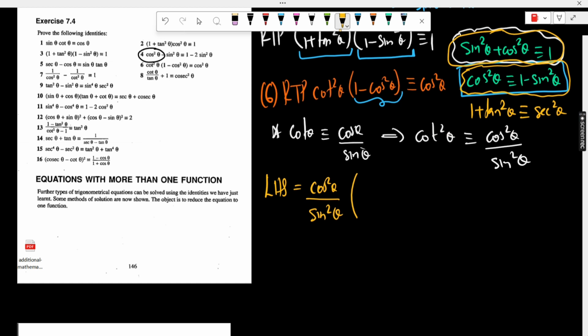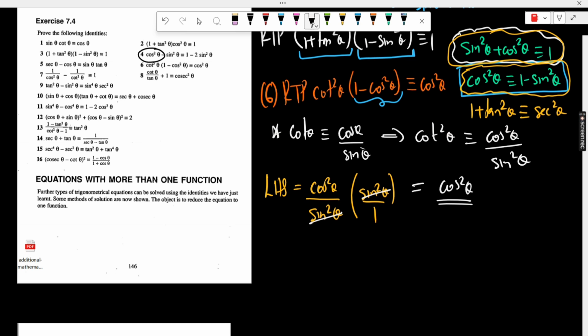Sine squared theta plus cos squared theta is equivalent to 1, and therefore 1 minus cos squared theta is actually equivalent to sine squared theta. And you could put it over 1. So when you multiply these through, the sine squared theta here will cancel that, and all we're left with is cos squared theta. All right?